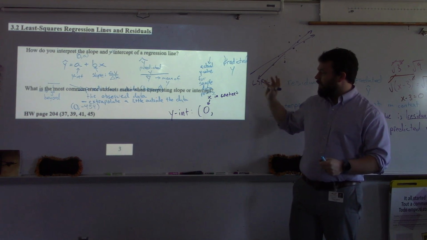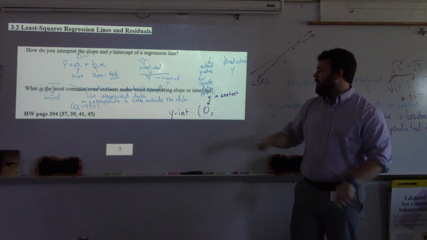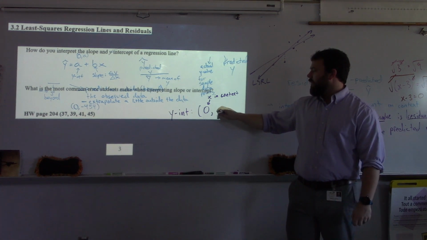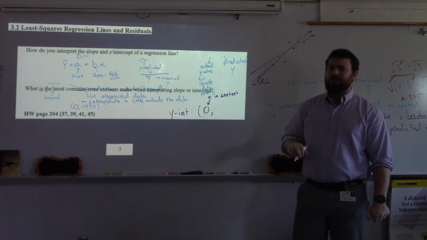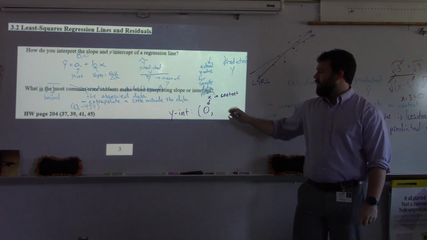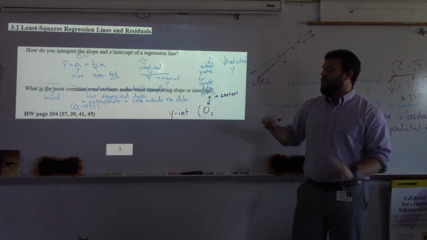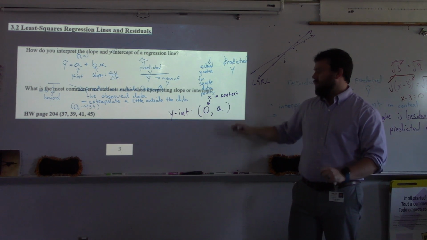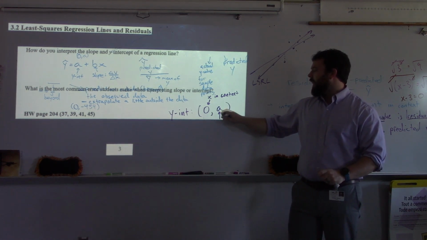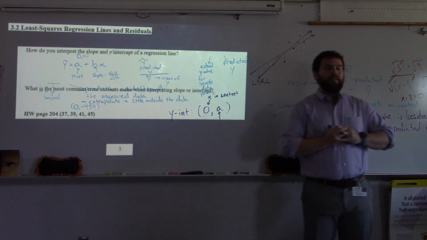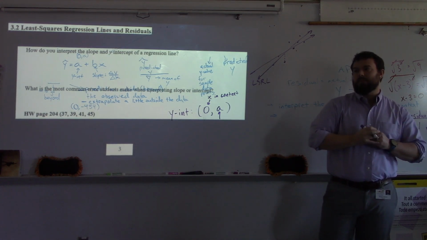So x in context, 0 something. And so when that x, or that independent variable, is 0, then the y-intercept, which letter do we typically use for y-intercept? a is my y-intercept, and the y hat is what you were saying, Deacon.